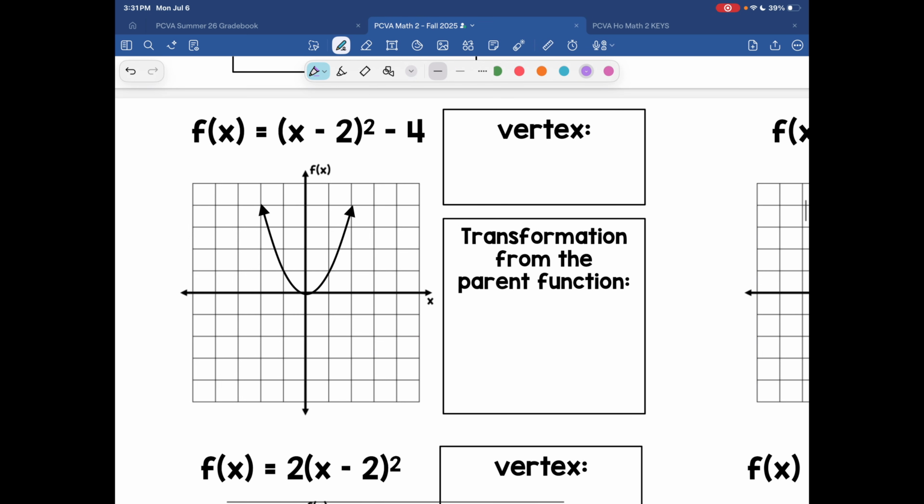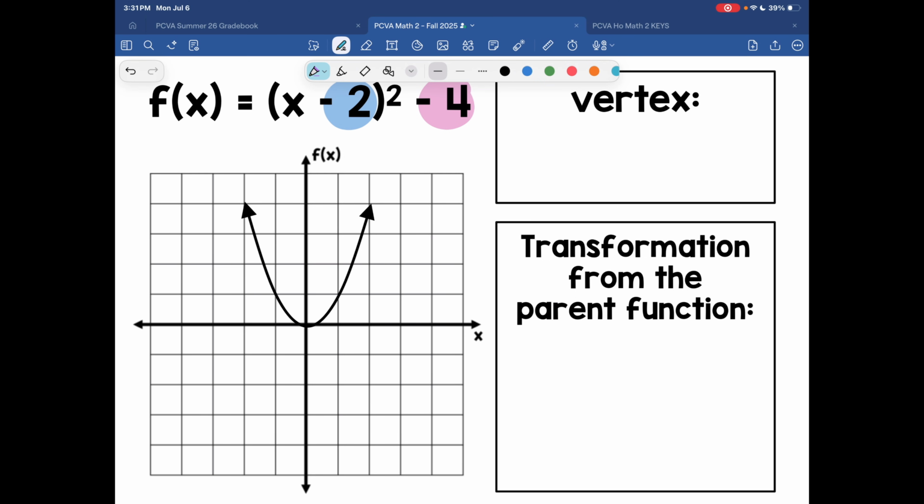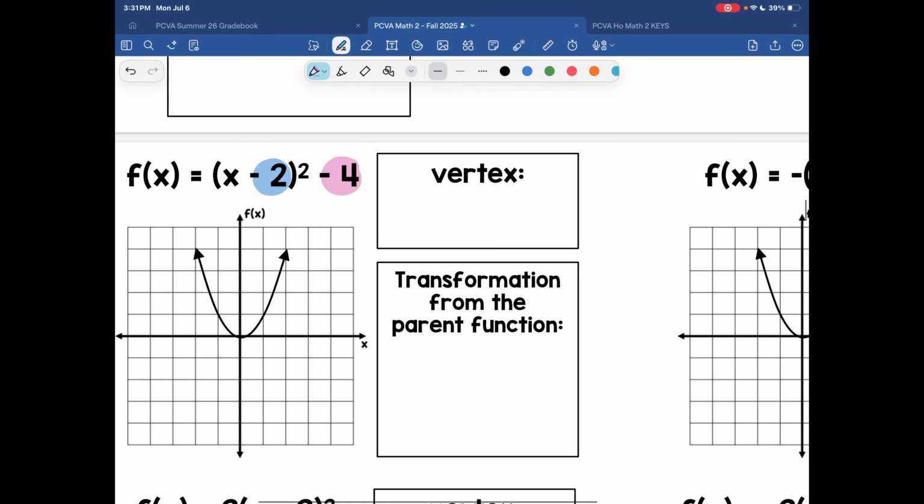All right, so if I look at this next one, again, we're going to focus in on our H and K. Here's my H, here's my K. You can see this is my parent function again. We're going to figure out that our vertex is going to have an H and K value.